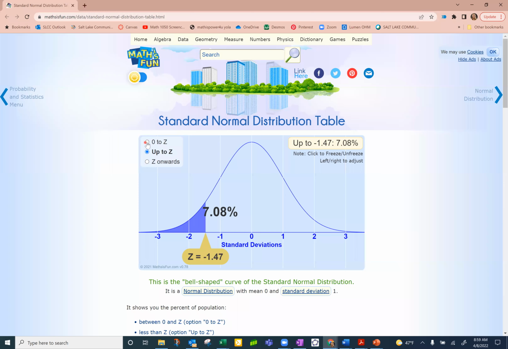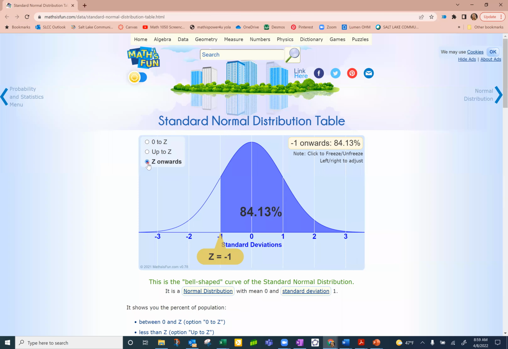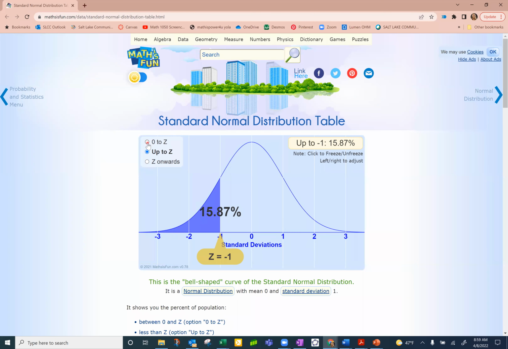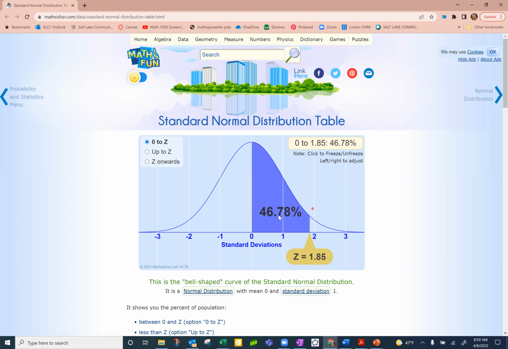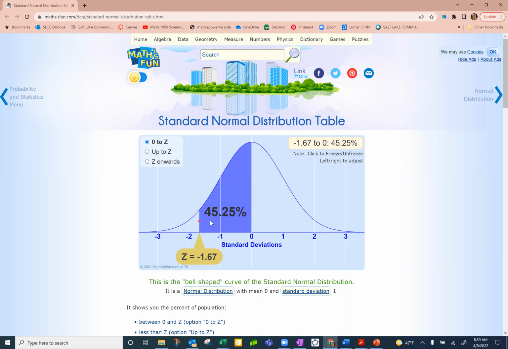I can choose how I want to look at the area of the curve. I can go from the right tail onto the left, and if I highlight it all, I get close to 100% of the curve. I can go from the middle up to the right, or from the middle to the left. Or I could go up to Z, which is what I'm going to do, because I'm trying to find the area under the curve to the left of some point.